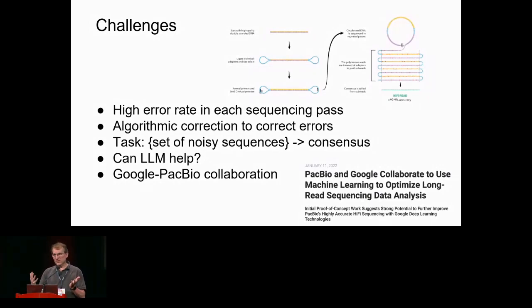And again, as a baseline, you have many sequences, so you more or less align them and average at every position what letter has been sequenced. PacBio at the time had a similar idea, a bit more evolved, based on hidden Markov models, which was really smart.